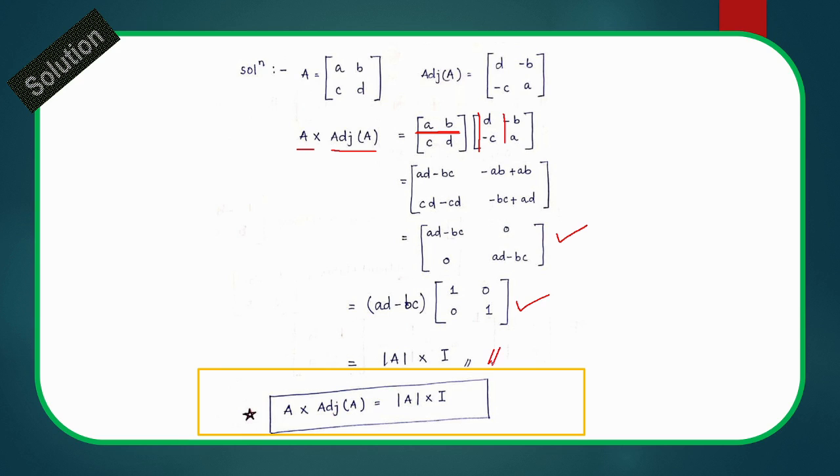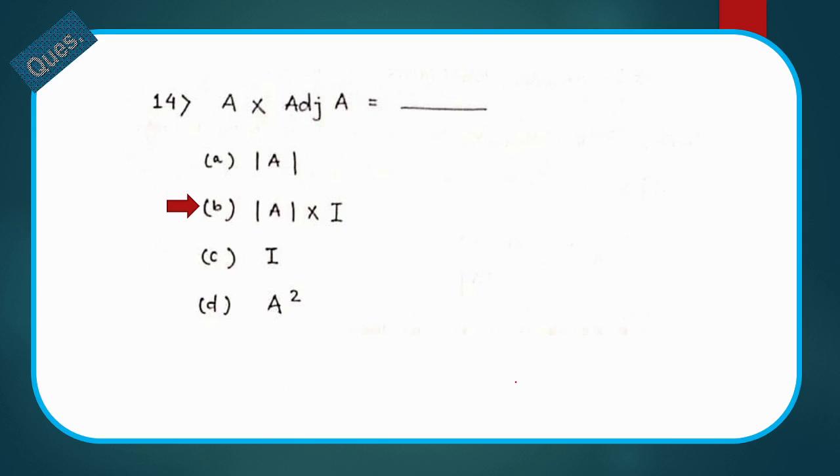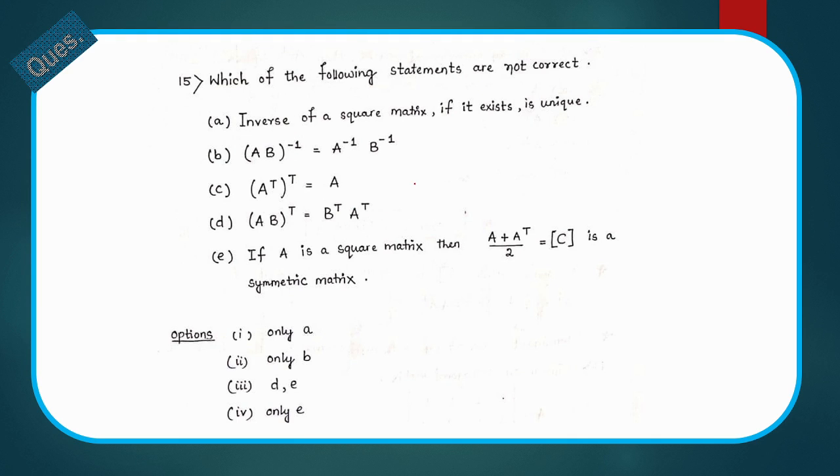So this is the final answer. It is also a standard formula that A into adjoint A is nothing but determinant of A into identity matrix. You can remember it. So the answer is determinant A into identity matrix, so B option will be the answer.